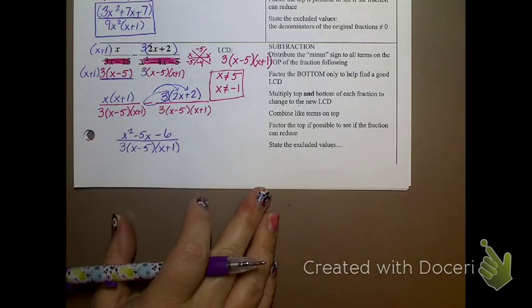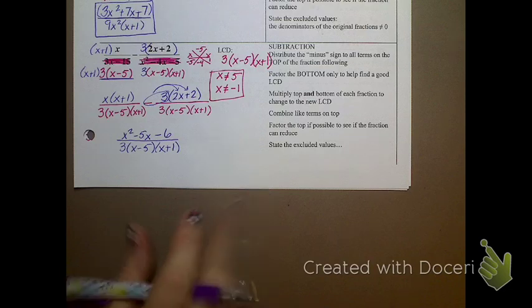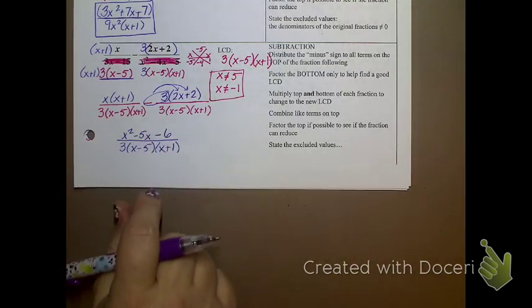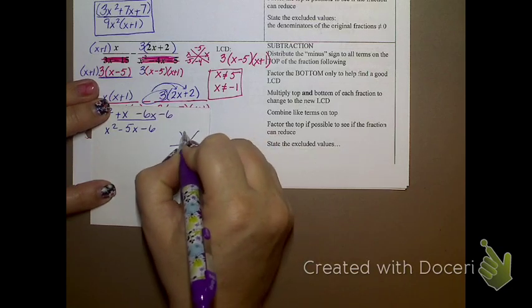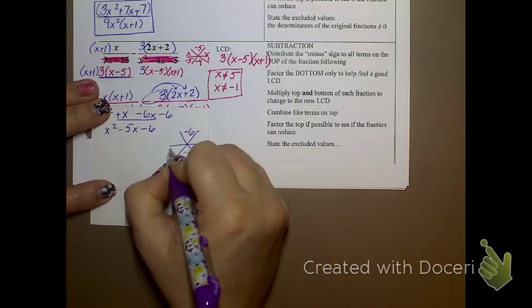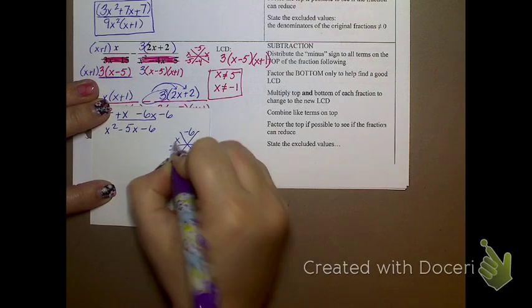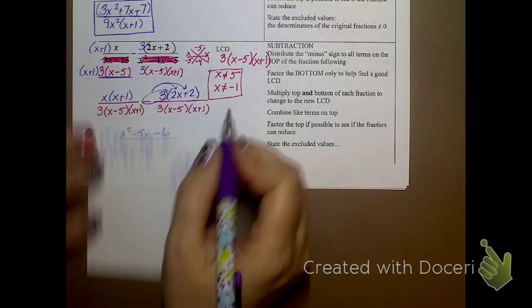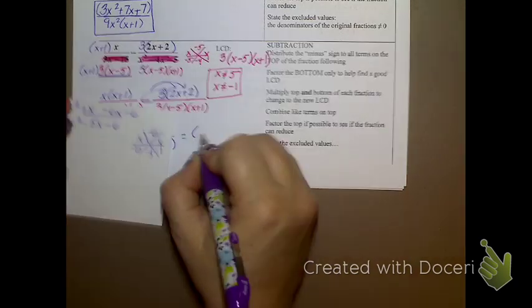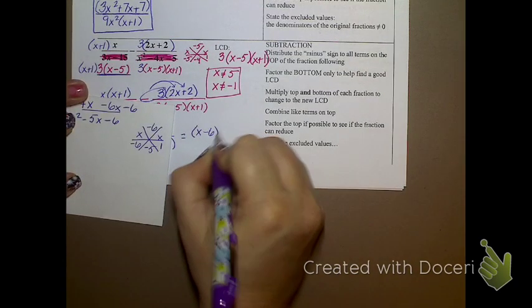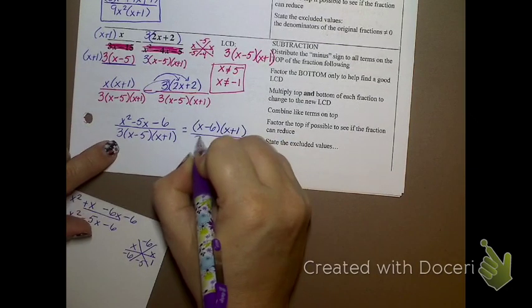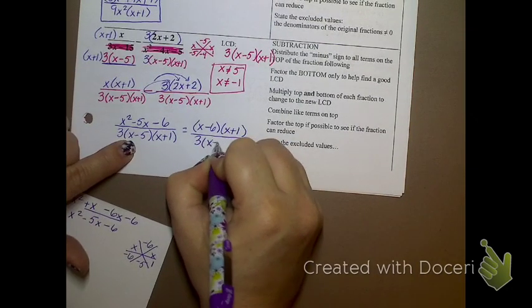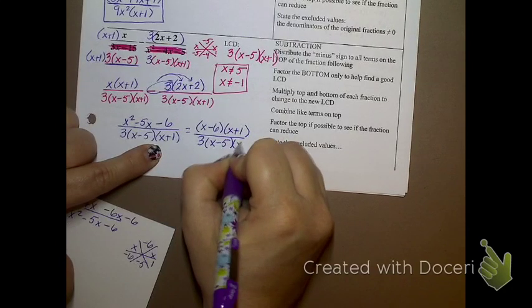Am I done with my problem? What do I have to do? I have to see if I can factor the top and cancel anything. So let's see. Can we factor x squared minus 5x minus 6? Negative 6 and positive 1. What does that give me? That becomes x minus 6 and x plus 1. And then what was the denominator? 3 parentheses x minus 5 parentheses x plus 1.